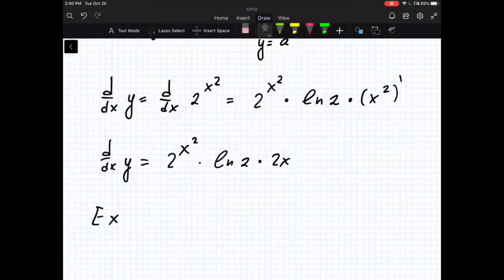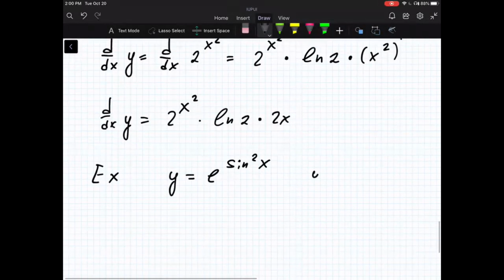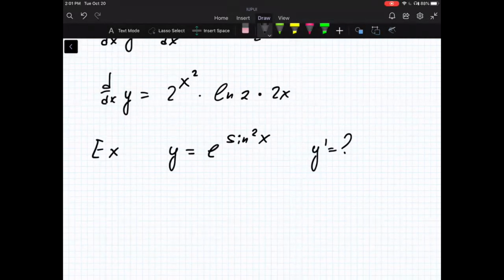Another example, when you have y equals exponential of sine squared of x. What is y prime? The same strategy, but in this case, we have e as a base. And so we don't need that logarithm of a, and y prime thus will be the initial function times the derivative of the exponent.